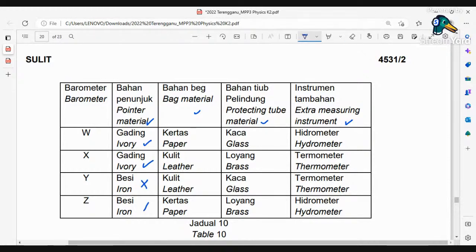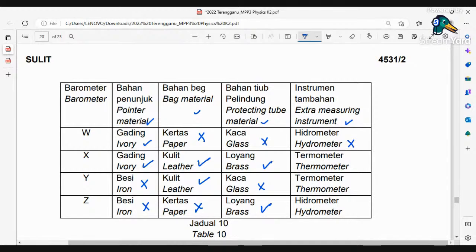Iron, you know. Material of bag, just now already mentioned in the first part, is made of leather. Protecting tube material is made of brass, not glass. Okay, extra measuring, hydrometer we cannot use.